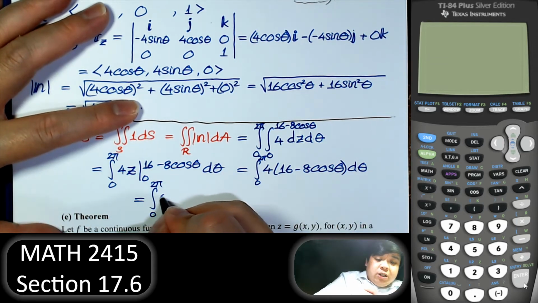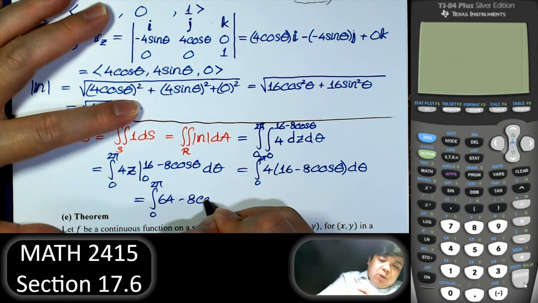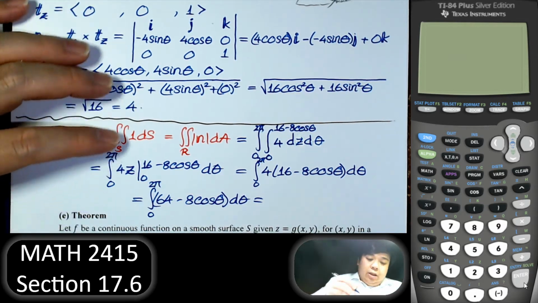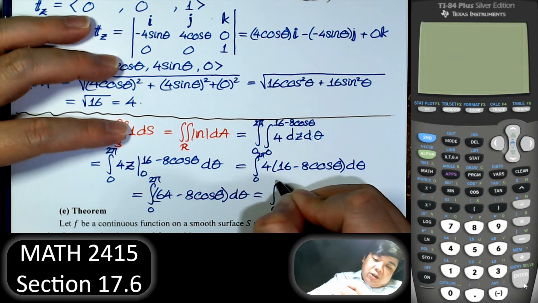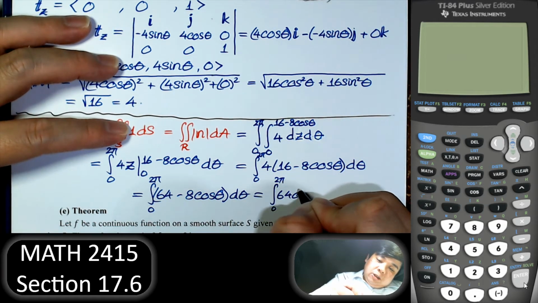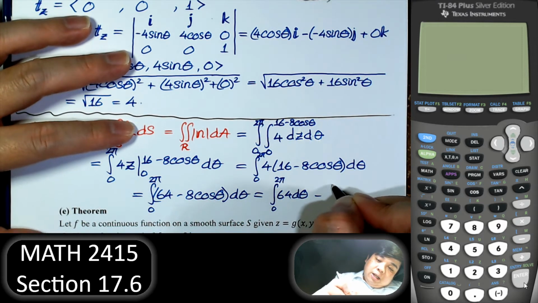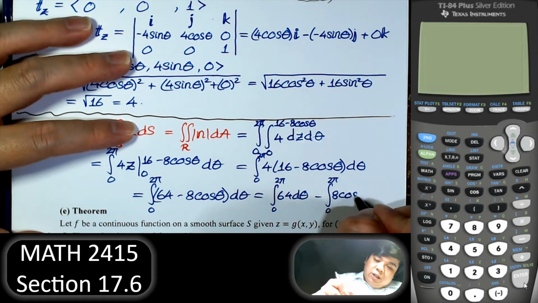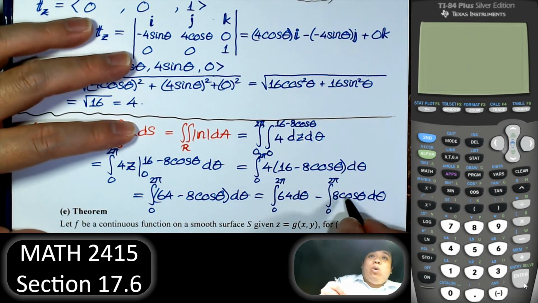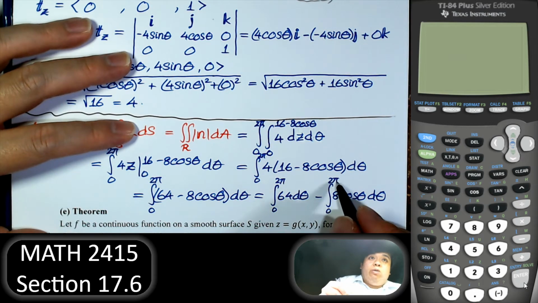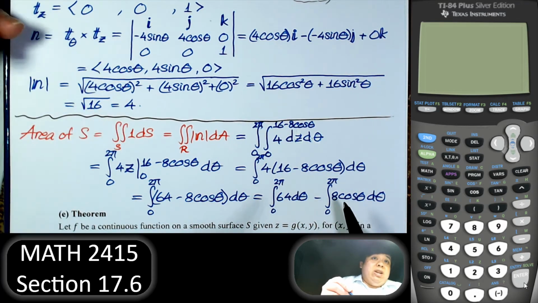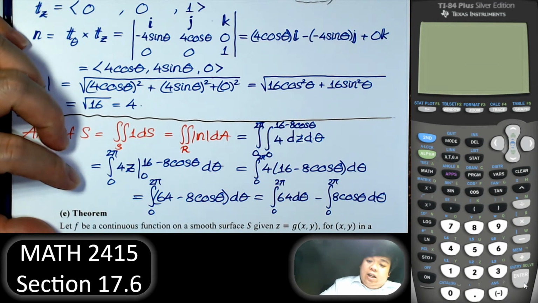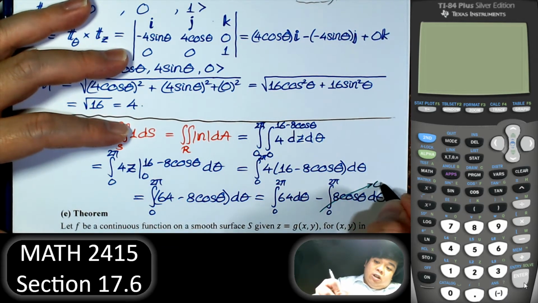I will multiply out: 64 minus 8 cosine theta. Right. I will split the integral. Yeah, you can take the 8 outside if you want to. But once again, I did mention that when we have sine or cosine, and it goes over one period or two periods, it doesn't matter. If it is a multiple of the period for sine or cosine, that part automatically equals 0.